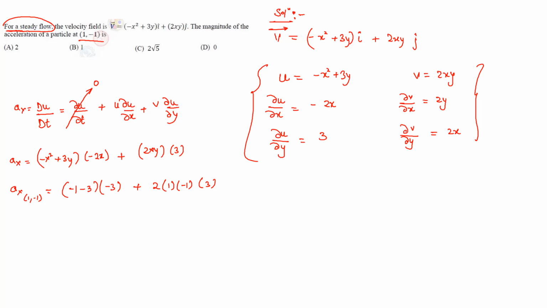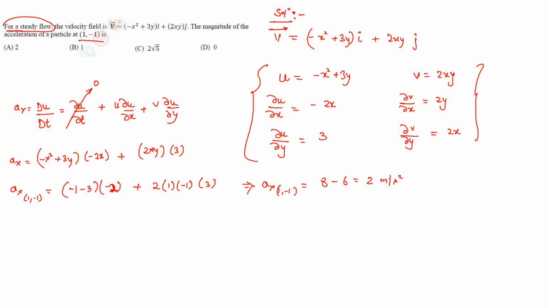So this will be 2 then, and I think the second term is correct. So if you solve this, you will get that ax at 1 comma minus 1 will be minus 4 times minus 2, which is plus 8, minus 2 times 3, which is 6, so this will be 2 meter per second square.